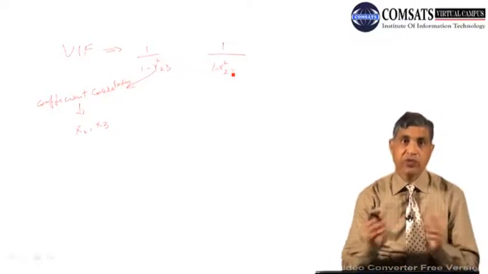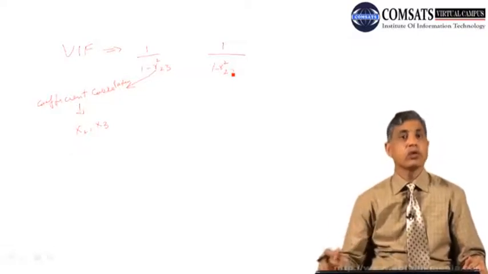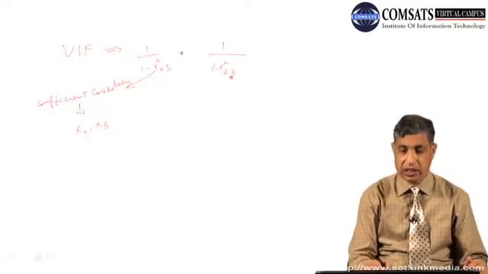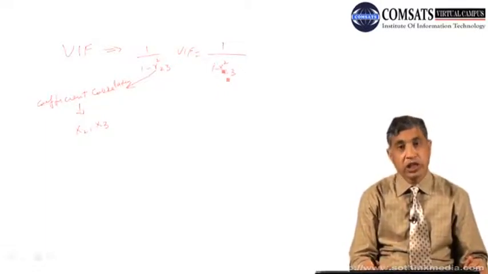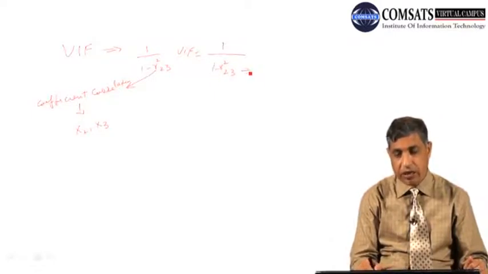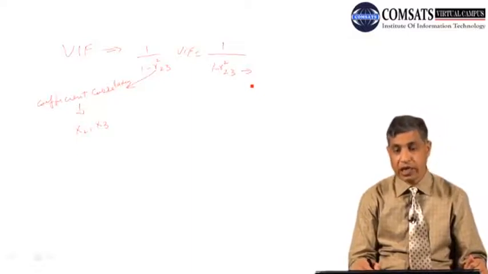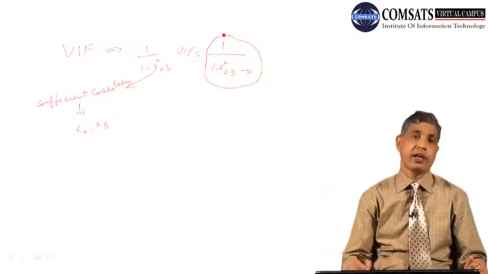If the correlation between x2 and x3 is higher, and you know it goes up to a maximum, the higher correlation here means that the denominator becomes lower and lower, and this whole term will become bigger and bigger.